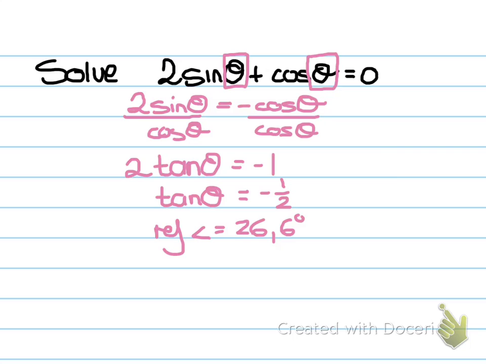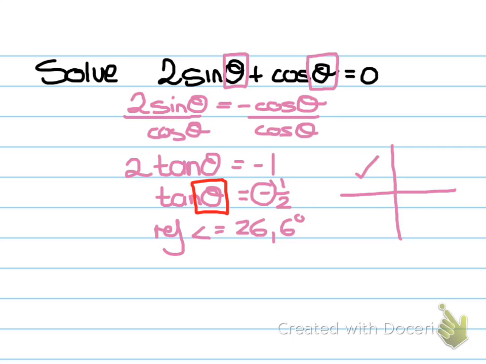Now, to this point, I'm going to say to myself, well, hold on. We're looking for where tan is negative. So where is tan negative for the first time? In the second quadrant. So the angle that we're looking for is purely the theta. There are no issues here, so that's quite a nice one. It makes life a whole lot easier.